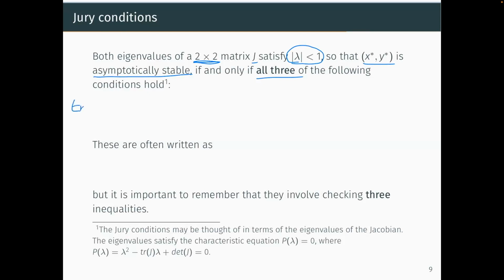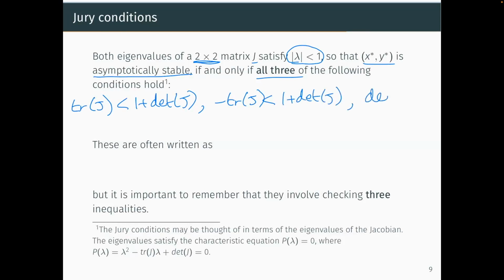So we need the trace of our Jacobian to be less than 1 plus the determinant. That's our first condition. We need minus the trace to be less than 1 plus the determinant. And we also need the determinant to be less than 1.